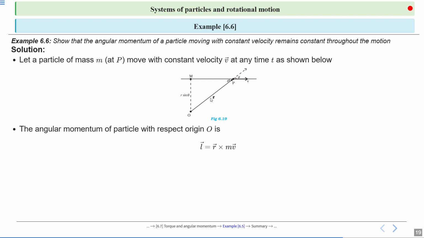The linear momentum of the particle is mass into velocity, and the angular momentum of the particle with respect to the origin is r cross, the position vector cross mass into velocity. This is the linear momentum.